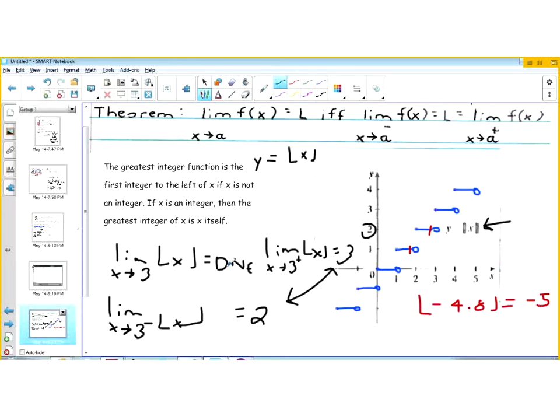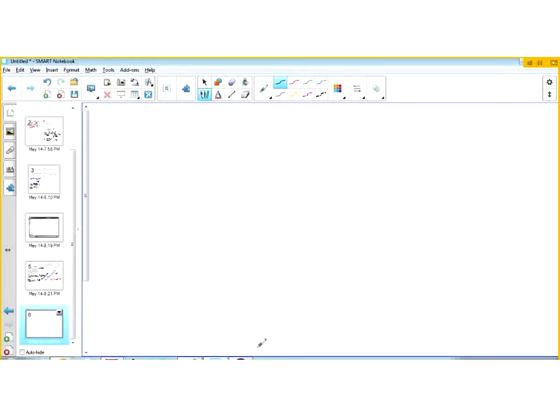All right, so I want to introduce a theorem. They'll also be useful when we talk about derivatives coming up in a couple of lectures.